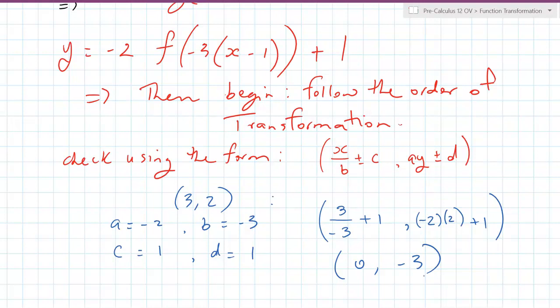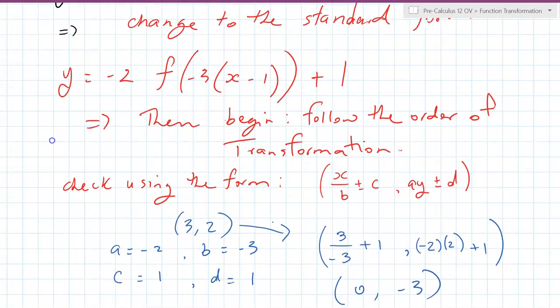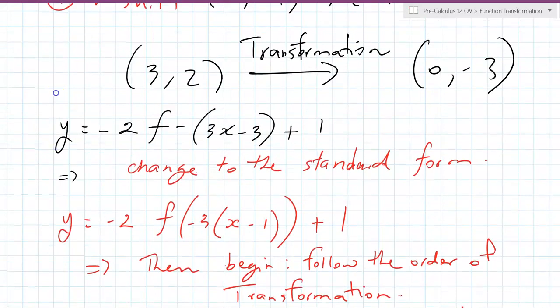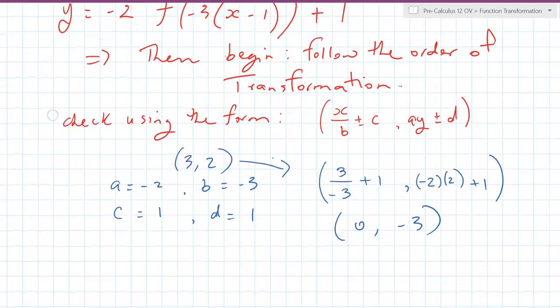Okay, now notice that I have the original coordinate with a, b, c, and d. When I plug it in, that's what I'll get, and that is exactly what we got, 0 and -3. Okay, so step by step, you go through, make sure you follow the order of transformation, and you'll get it.